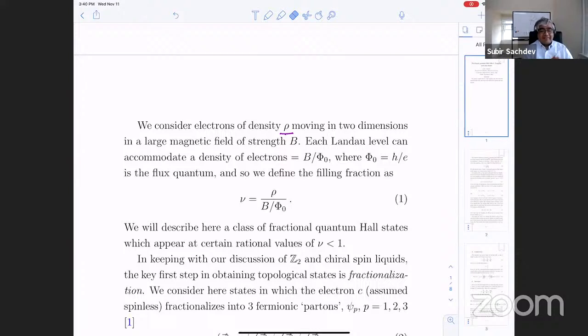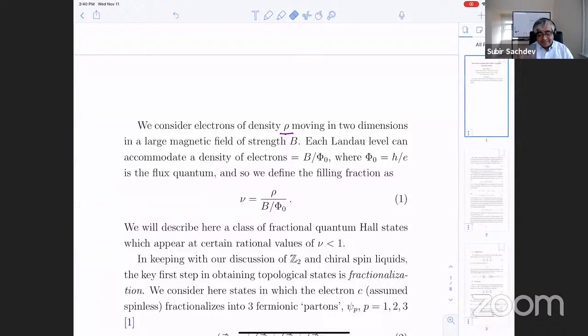So the first theory of this came from Laughlin, where he proposed a trial wave function, which explained a lot of things. And from that trial wave function, people understood the connection to Chern-Simons gauge theories and many, many other things. Now that's described in so many books and review articles which I imagine you can read.